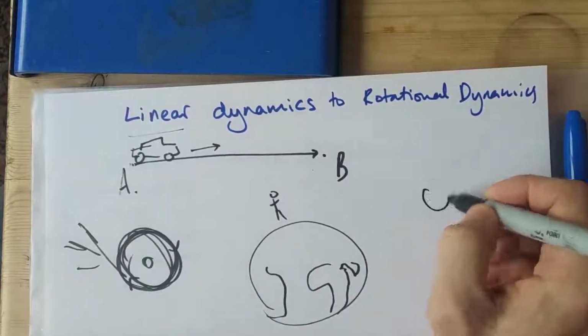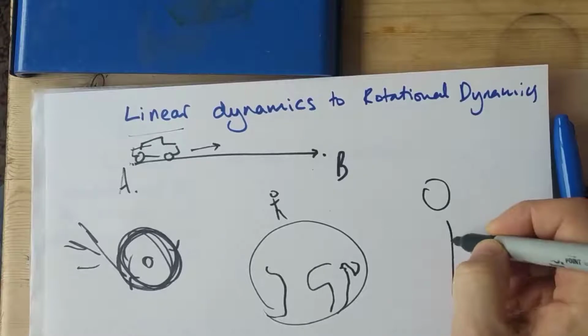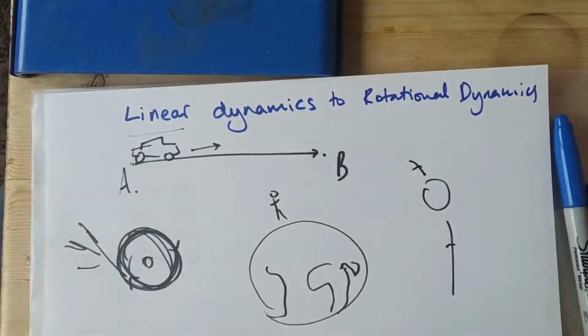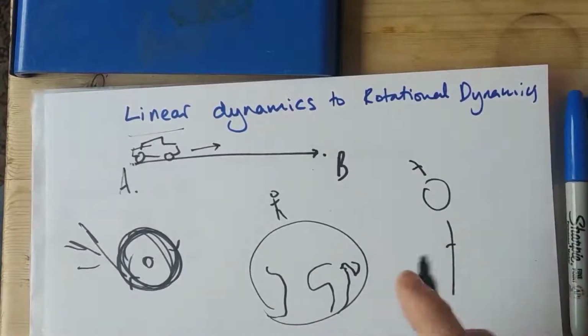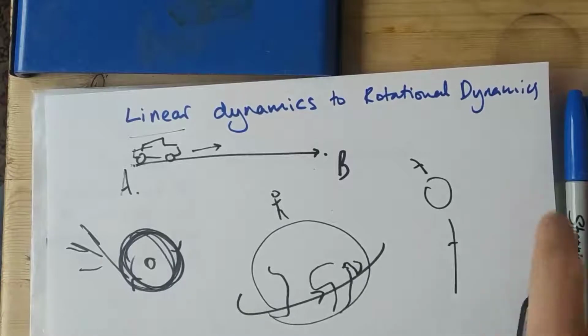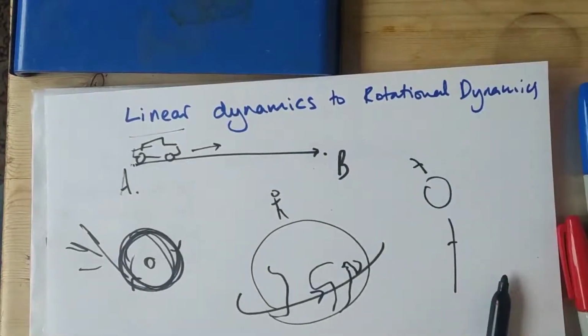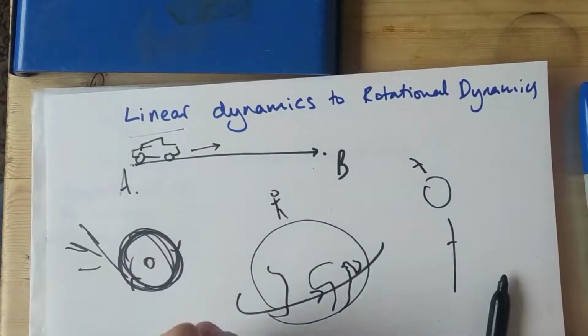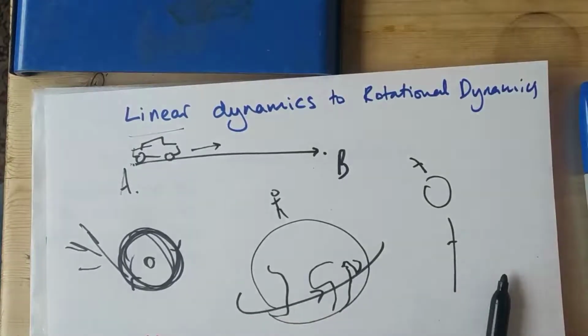The moon is rotating around the Earth. The Earth spins on its axis, and the whole system is rotating around the sun. If you zoom out a bit, our entire solar system is rotating around the star in the middle.